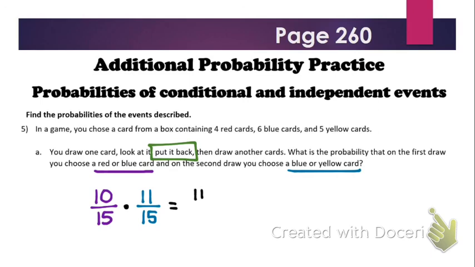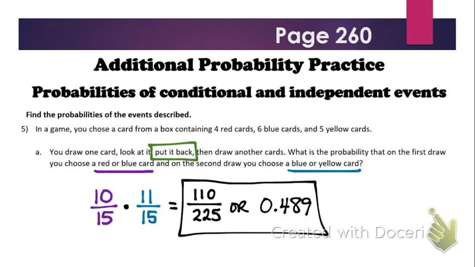So I've got 110 out of what? You said 225? 225. Or 0.489. Not too far off from a 50-50 chance.